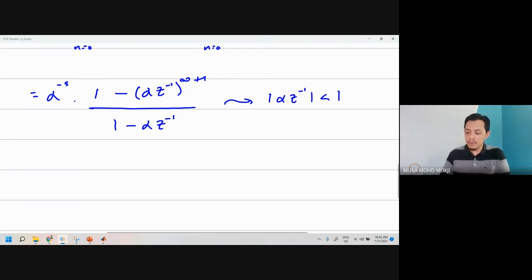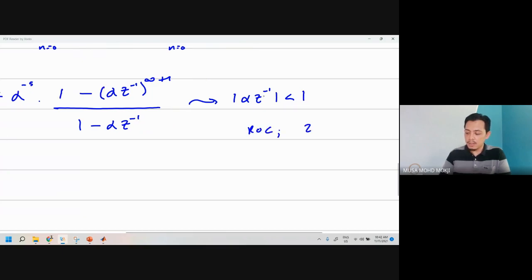So this is where we will get our ROC, which is |z| supposed to be greater than |alpha|. You do some manipulation on this one. This is actually z to the power of -1, so this is alpha over z, and then z, bring it here. Then you'll get |z| greater than |alpha|. So we already have our ROC.